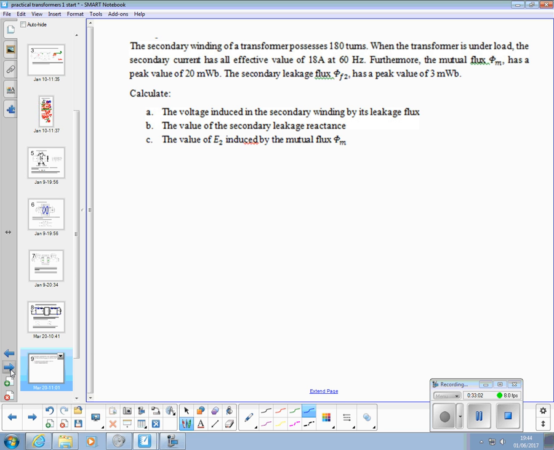I'm not keen on this example, if I'm honest, but we'll go through it anyway. The secondary leakage flux, phi F2, has a peak value of 3 megaweber.